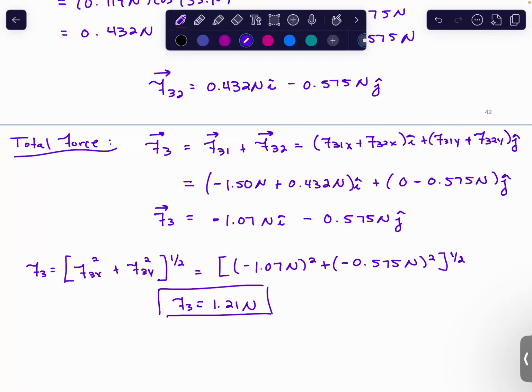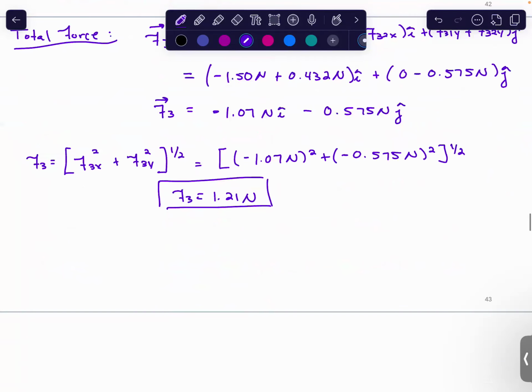Then, of course, we want to know its direction. I'm just going to call it angle phi.